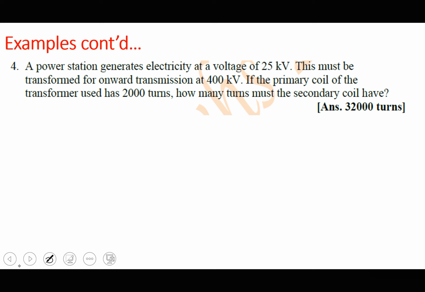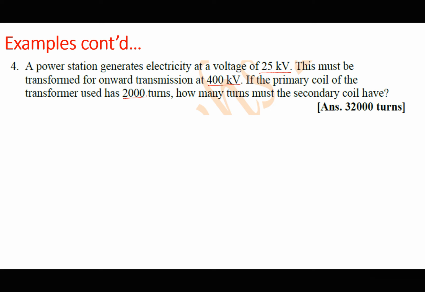A power station generates electricity at a voltage of 25 kilovolts. This must be transformed for onward transmission at 400 kilovolts. If the primary coil of the transformer used has 2000 turns, how many turns must the secondary coil have?